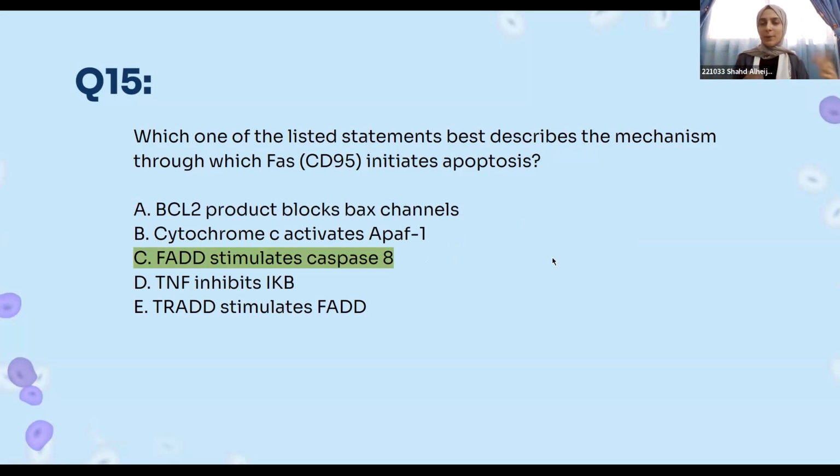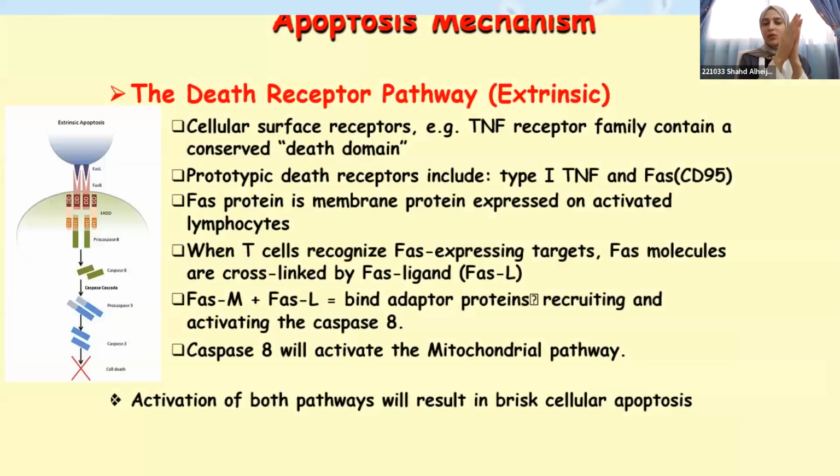Cytochrome C is released when there's the mitochondrial permeability channel. So that was for the intrinsic pathway. There's a problem with the cell itself. In this case, this is the death receptor pathway, which is extrinsic. So we have caspase 8 and caspase 9 for apoptosis. That case was for intrinsic. This case was for extrinsic, but both are the initiation caspases.